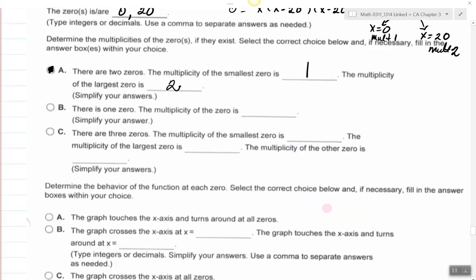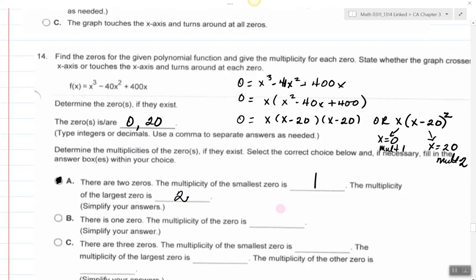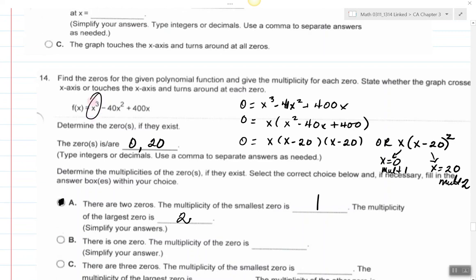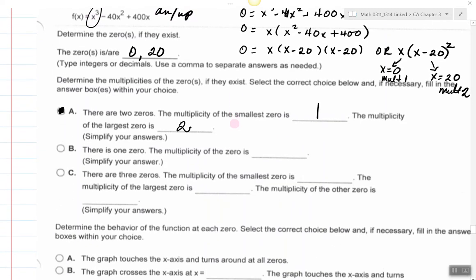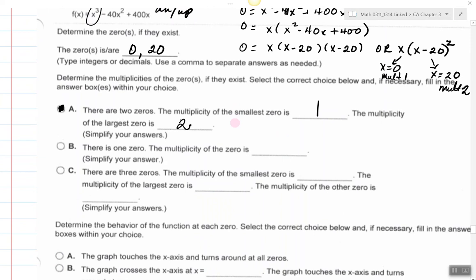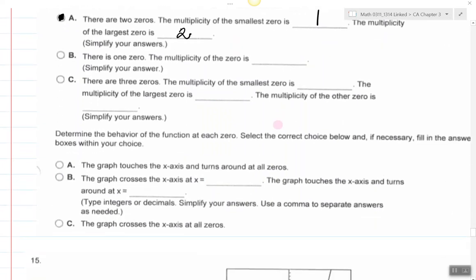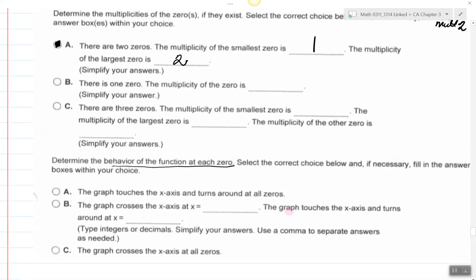And the behaviors, okay, let's go back up. The original third degree, which is odd degree, positive leading coefficient, it's going to be down, up, and that was not the question. I'm so sorry, it was not the end behaviors of the functions, it was the behavior of the functions at each zero, so I need to read a little more carefully.